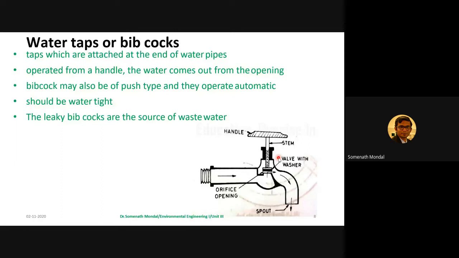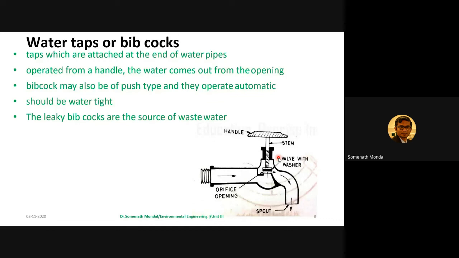However, if you rotate the handle in the other direction, it will go up and make the orifice open, and through that opening of the orifice, water will pass and come through the spout. Fine. And we can actually control the flow through the spout by adjusting the handle. All of you have done that, but now we are actually seeing the schematic diagram and how it works.